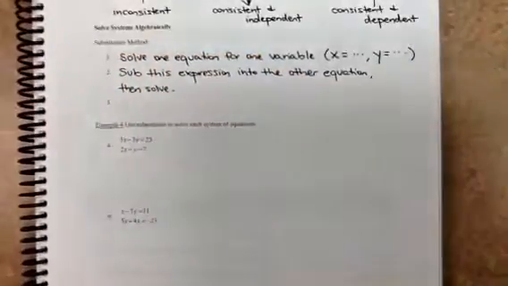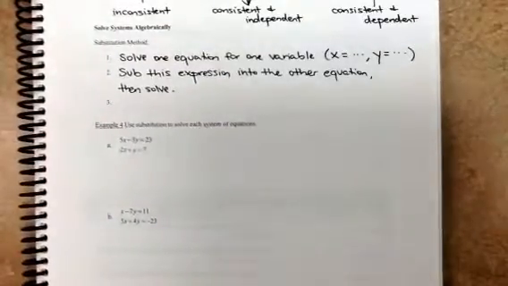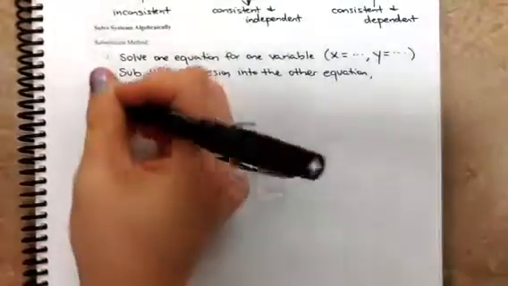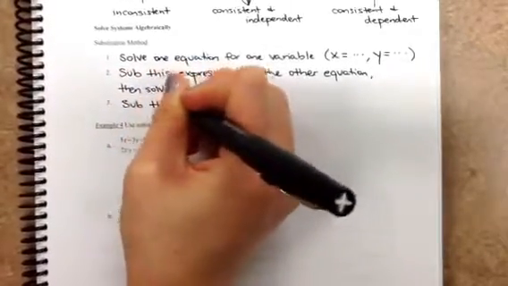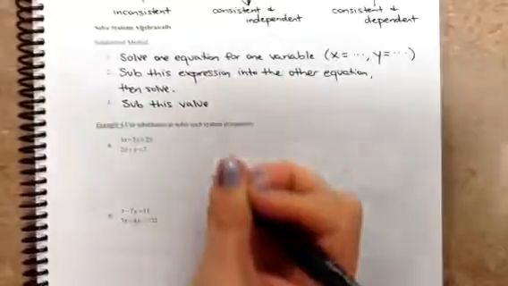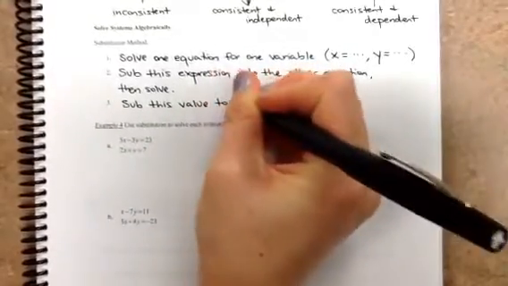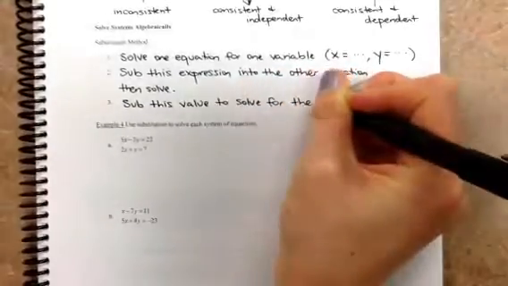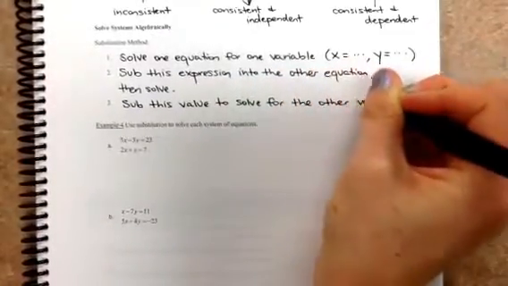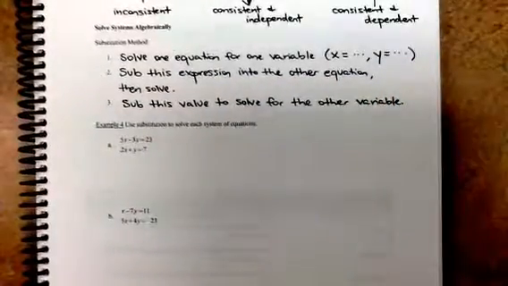You'll get it to a point where you only have one variable, and when you only have one variable, then you can solve for it. Then step 3: sub this value in to solve for the other variable.